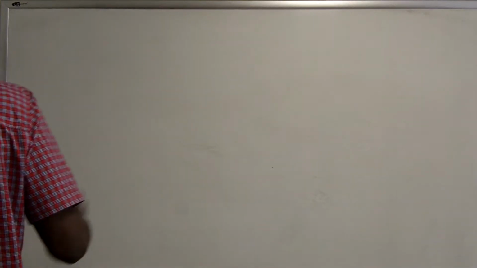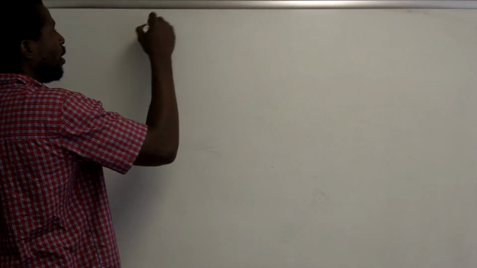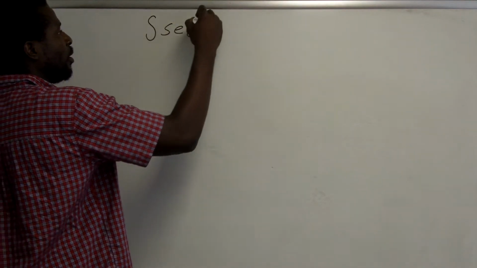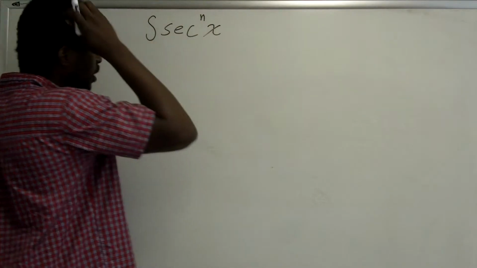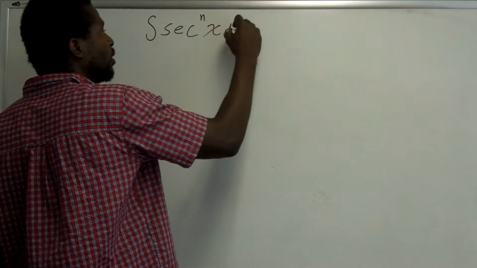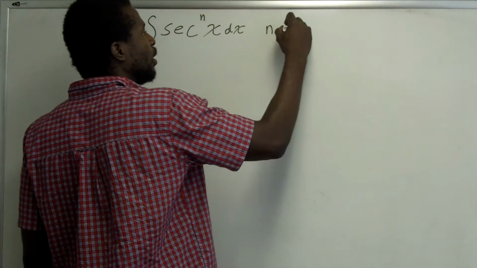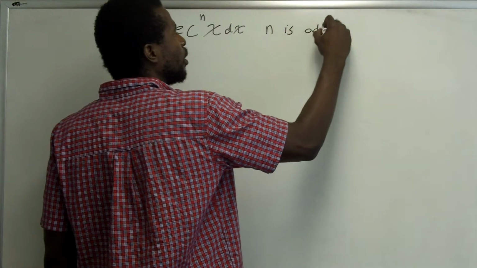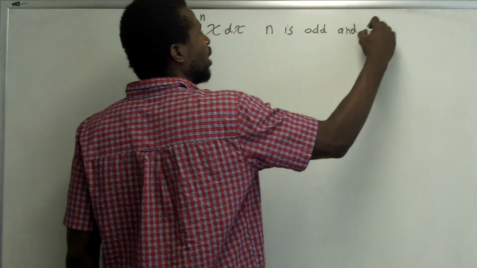Okay, so now we'll look at integrals of this form where we're integrating secant to the nth power, the secant of x to the nth power dx, where n is odd and positive.